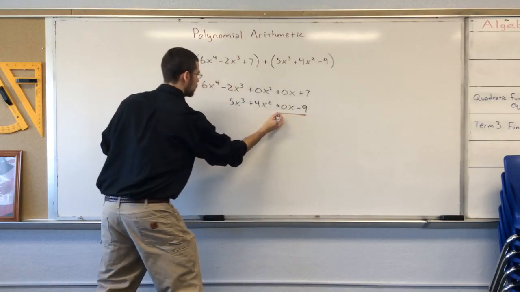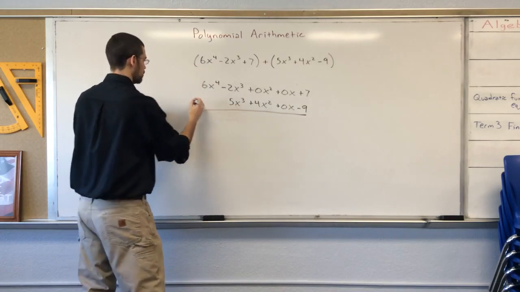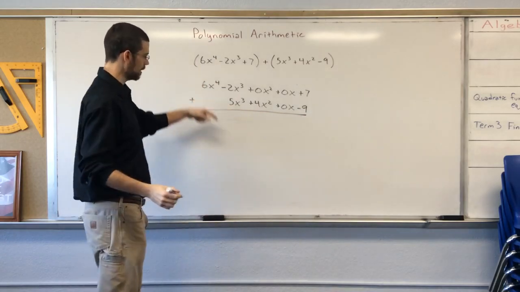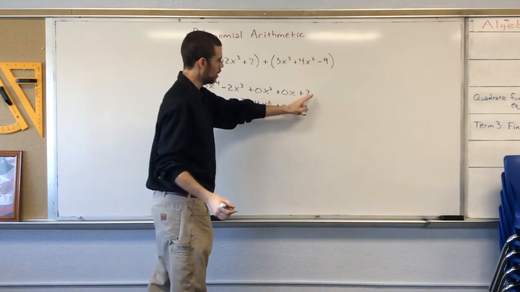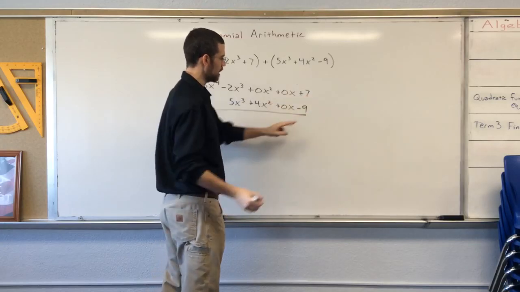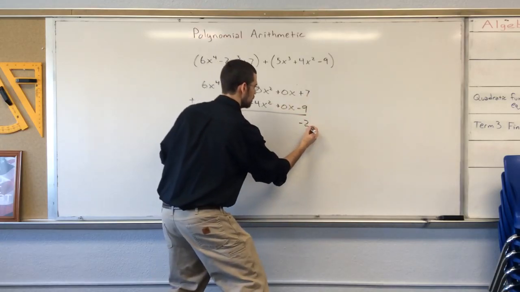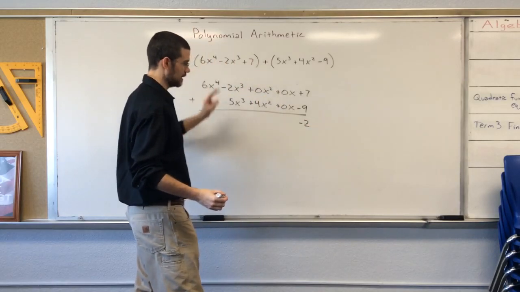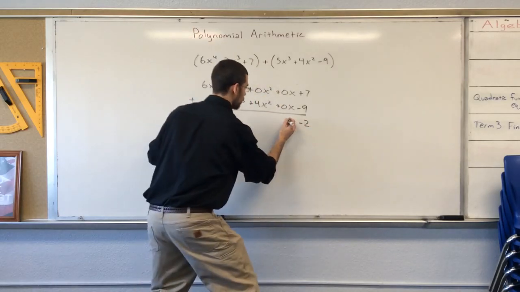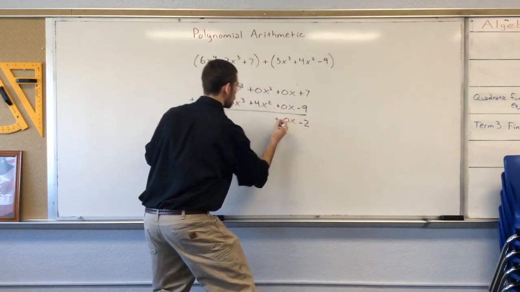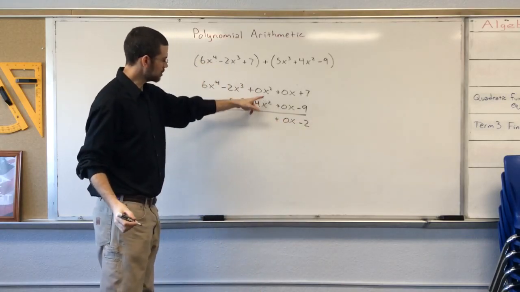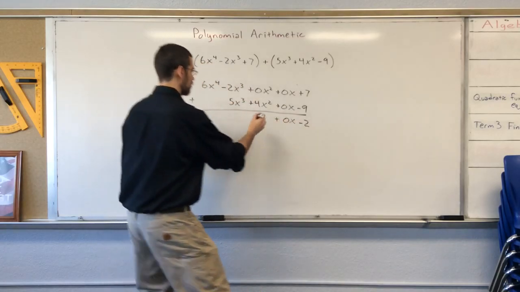Now, we're set up with a great big addition problem. We're going to add these, all right? We've got 7 wholes minus 9 wholes, that's negative 2. We've got 0 x's, so we'll put that in, 0 x's. We have 0 x squareds plus 4x squareds, that's 4x squared.